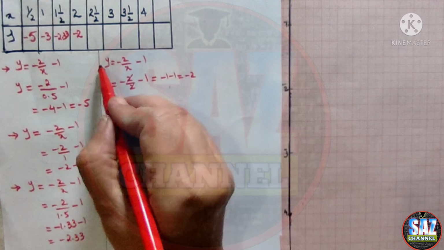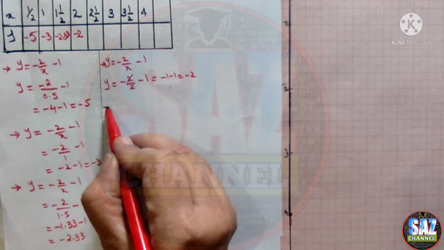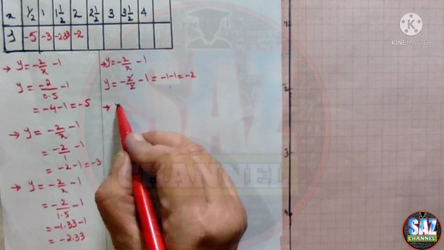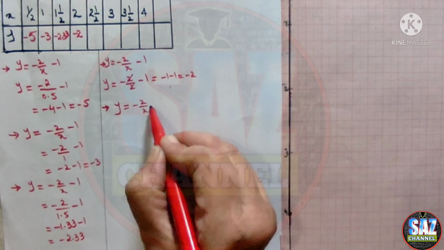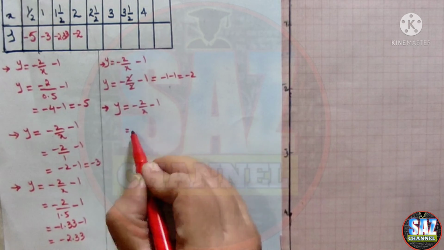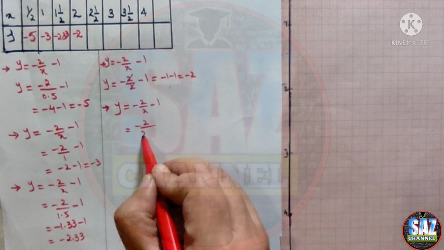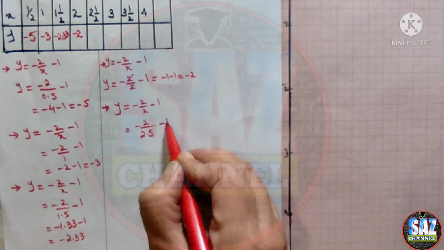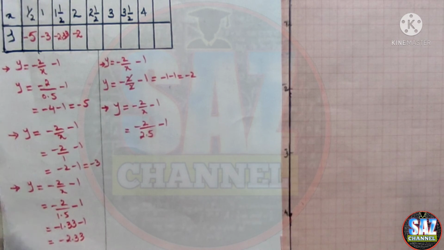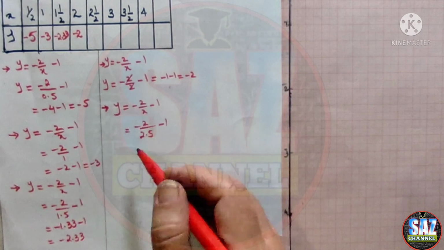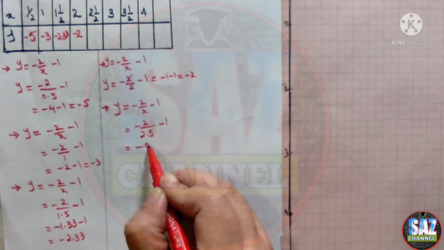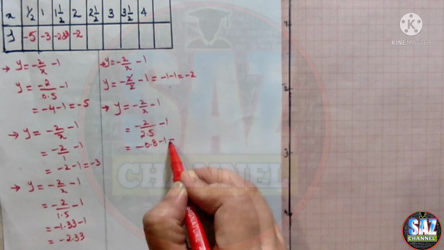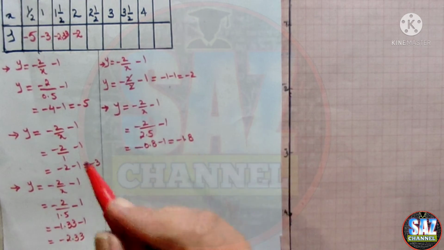And then the next is to find the value of y when x is 2.5: minus 2 by x minus 1, which gives me minus 2 by 2.5 minus 1. 2 divided by 2.5 is 0.8, so minus 0.8 minus 1, and this is minus 1.8.